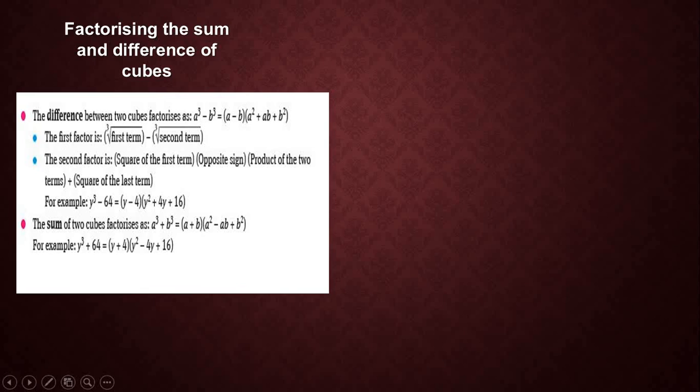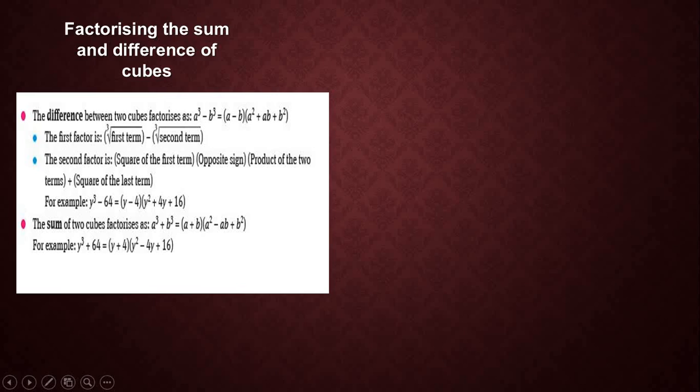The sum of two cubes is still the same procedure, but it's a little bit different with just the sign here. Other than that, the answer you're going to get is still derived directly from the points that we just learned.